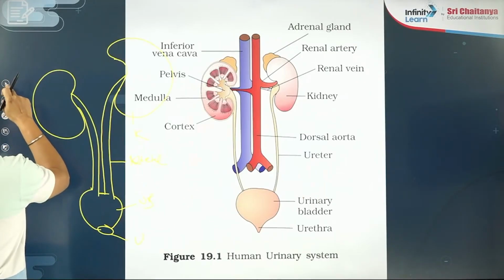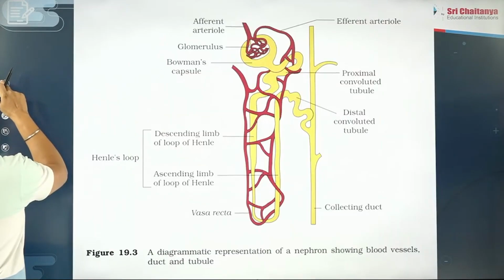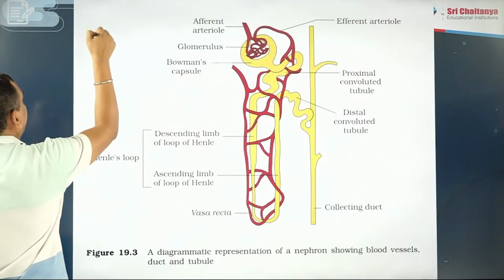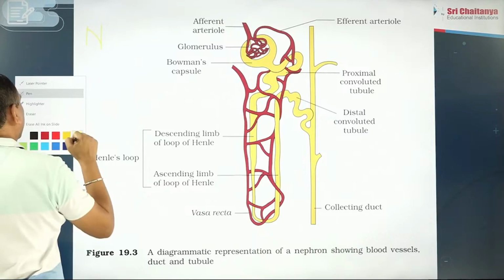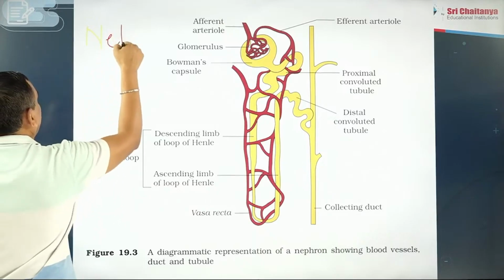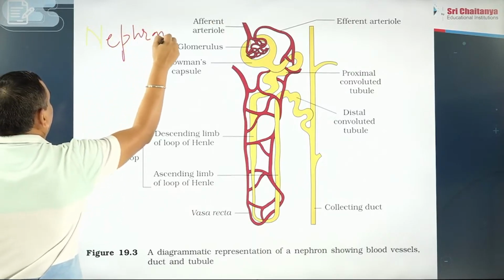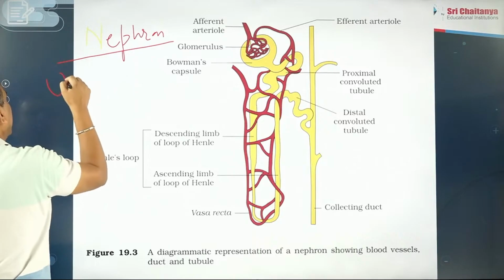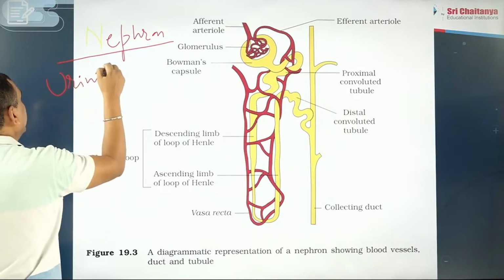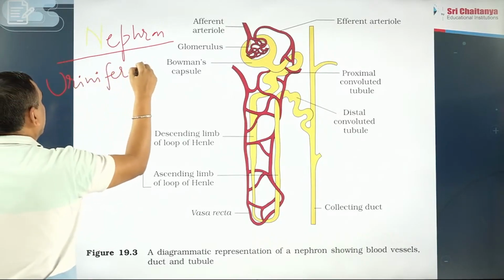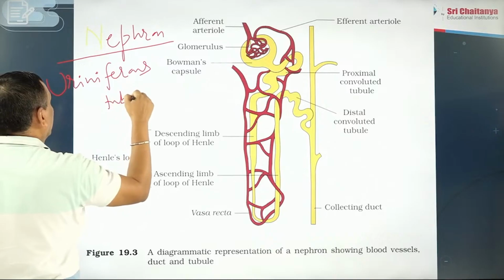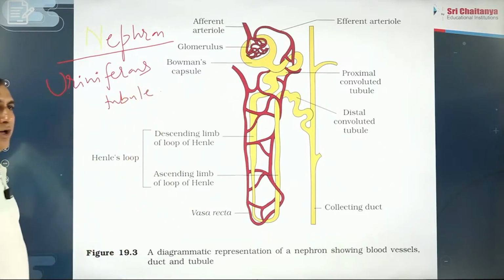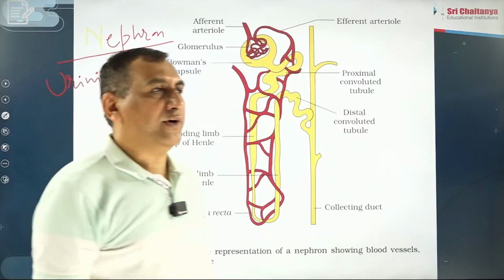So the kidney is made up of units and these units are known as the nephron. Nephron is also known as the uriniferous tubule.